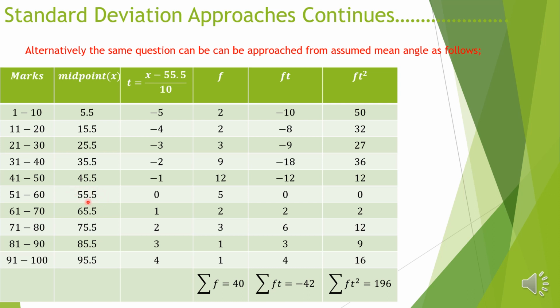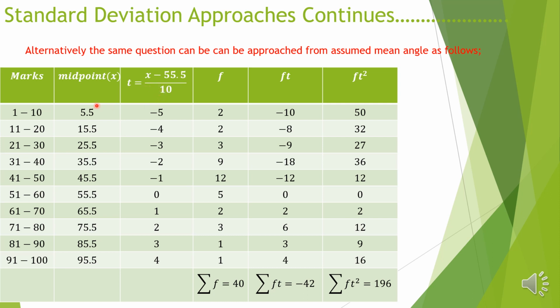So I've chosen 55.5 as my assumed mean, and 10 as the class interval, which is, for example, 10.5 minus 0.5, giving 10. So t equals x minus 55.5 over 10, where x are these values.